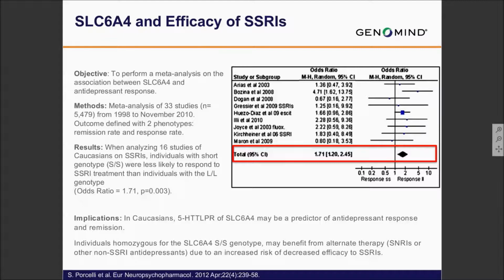The LL genotype is linked to increased odds of remission of 71% when compared to SS individuals on SSRI therapy. However, this genotype appears to be less relevant when restricted to Asian patients. In conclusion, genotyping the SLC6A4 gene may help to stratify depressed patients into tiers of SSRI response, with LL more likely to be the best responders and SS the worst responders.